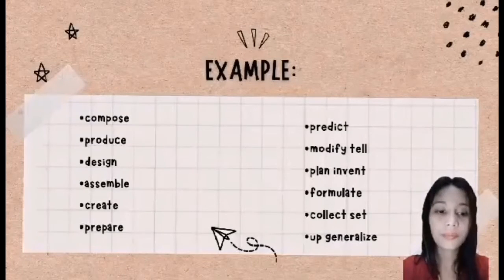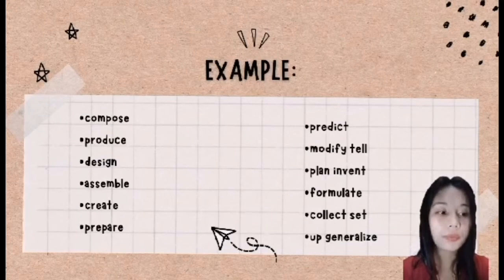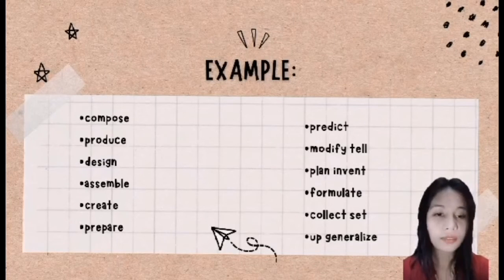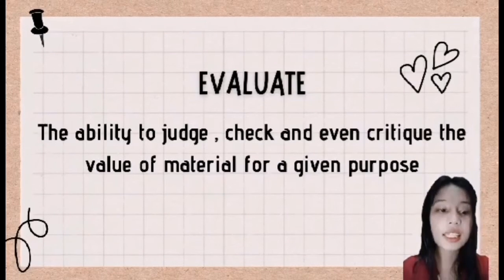Examples are: compose, produce, design, assemble, create, prepare, predict, modify, tell, plan, invent, formulate, collect, set up, generalize, document, combine, relate, propose, develop, arrange, construct, organize, originate, divide, write. And the last is evaluation, the ability to judge, check, and even critique the value of material for a given purpose.